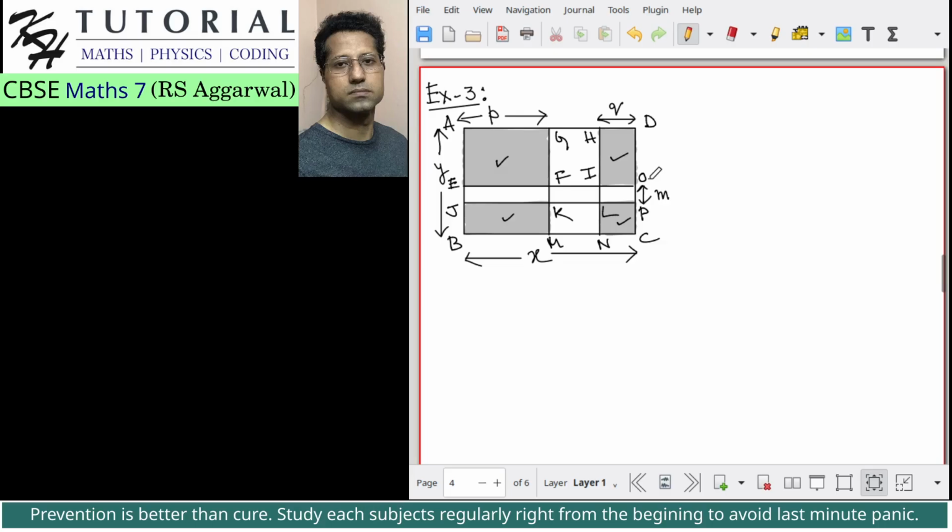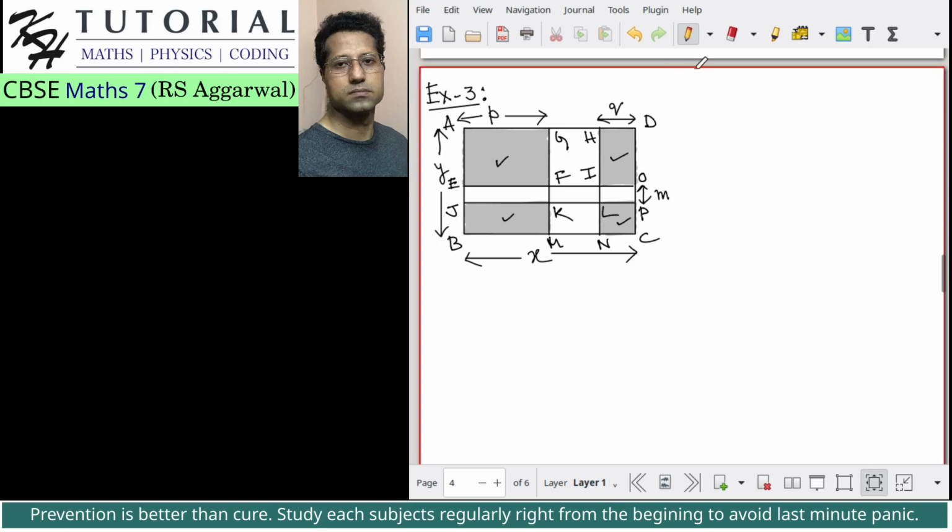So in the first method, if you think of the shaded region as four rectangles, you have to find the dimensions of the four rectangles, find the areas and sum them up. But if you apply the second method, that is, if you find the area of the unshaded region and then subtract that from the area of the enclosing rectangle, I think that will be easier.